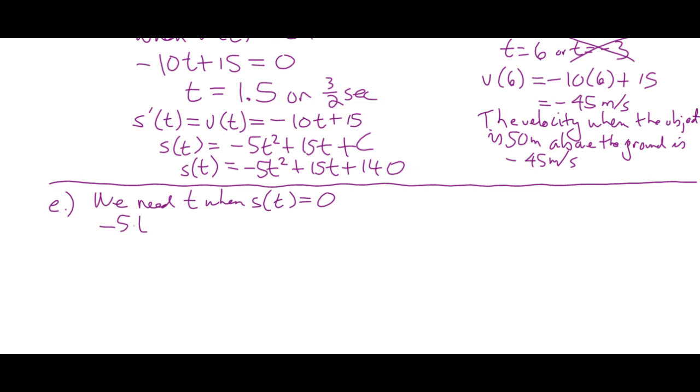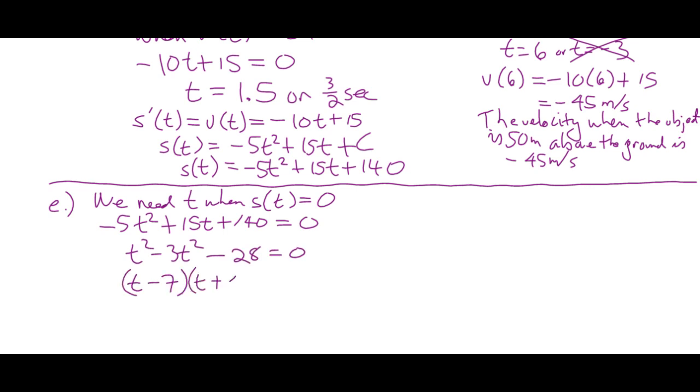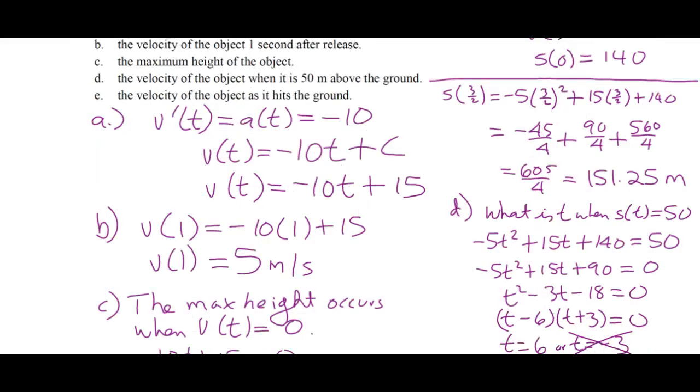Negative 5t squared plus 15t plus 140 is 0. So we're going to solve that. t squared minus 3t minus 28. Okay, so 7 seconds, and we want velocity.